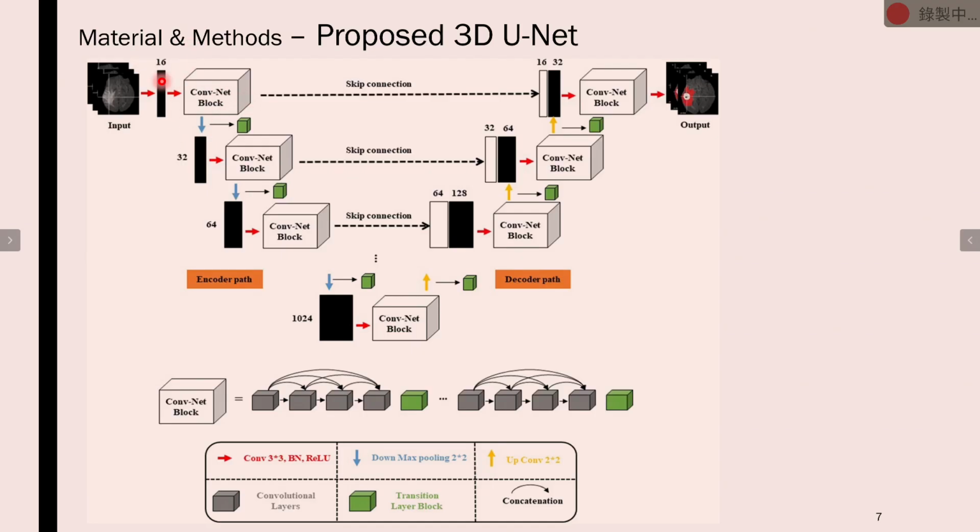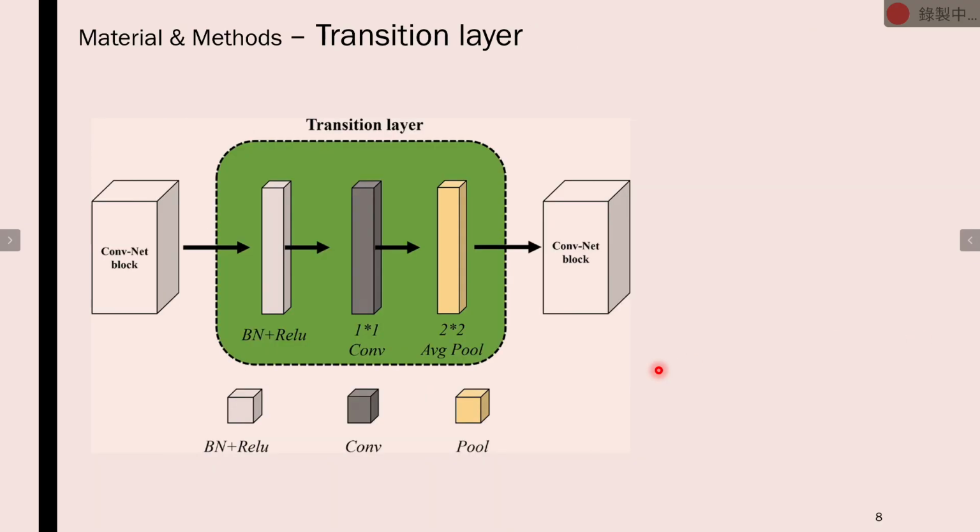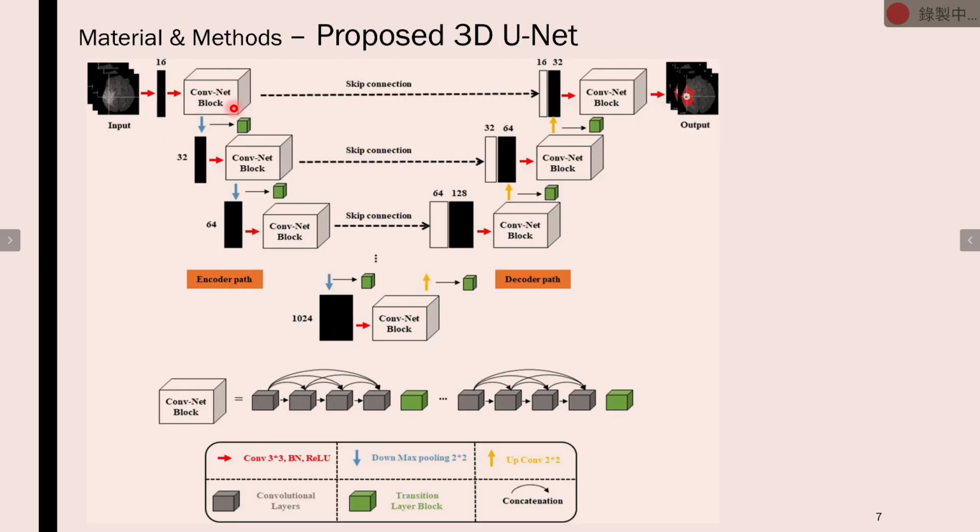For example, it catches 16 features in the first layer, and going down layer by layer, it finally can catch about 1,000 features for recreating the output results. And this transition layer is a key innovation of the study. They place this layer after each convolutional block.